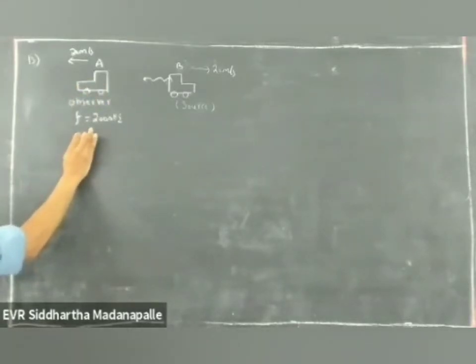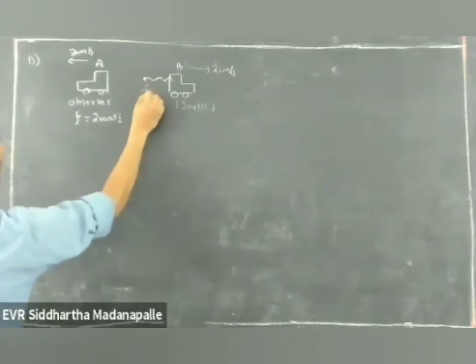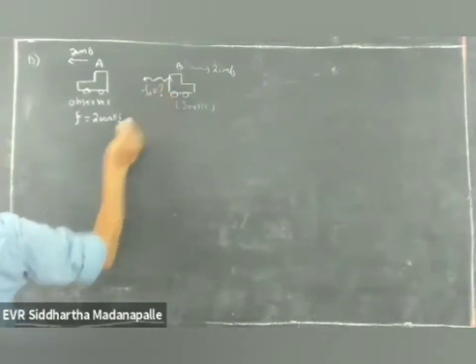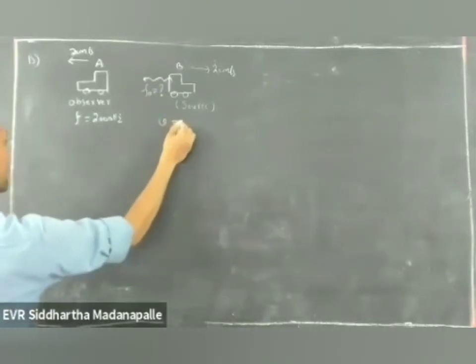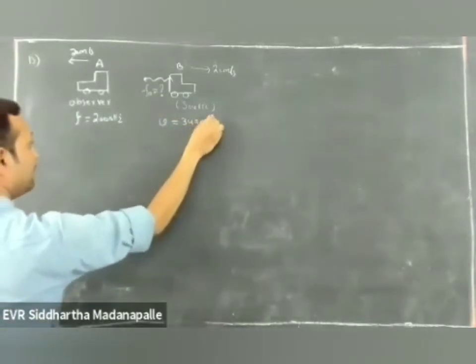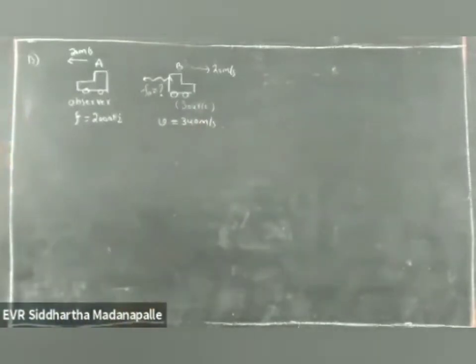Now what is the natural frequency of the source, the sound source in car B? I am asking you to calculate the F naught value, right? And the speed of sound is equal to 340 meters per second. Now both are moving away. Both are moving away.